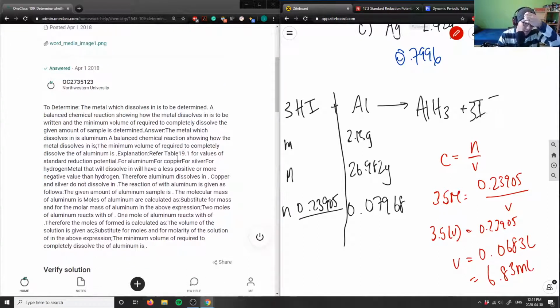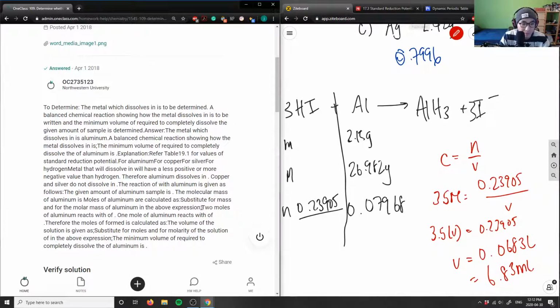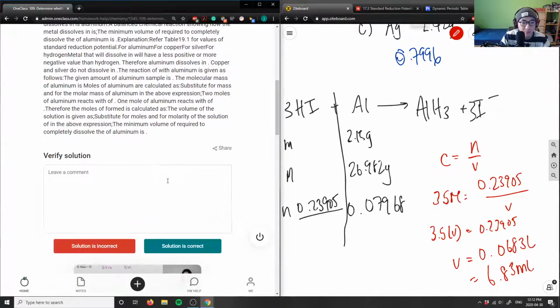And I don't think this is an incomplete solution because they didn't really show me the balanced chemical equation or the actual answer. So I believe their logic is right, where they're finding the molar mass and calculating the moles, but I don't think they actually gave me the answer. So I'm going to write here: solution is incomplete.